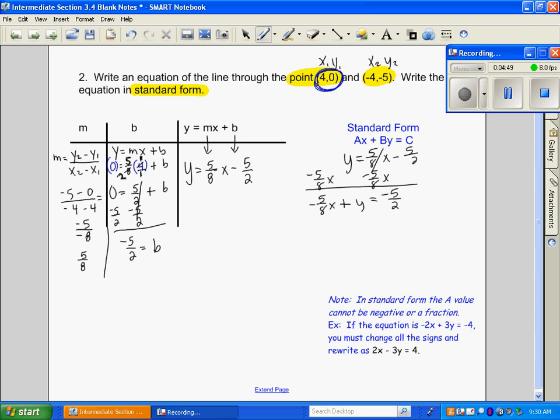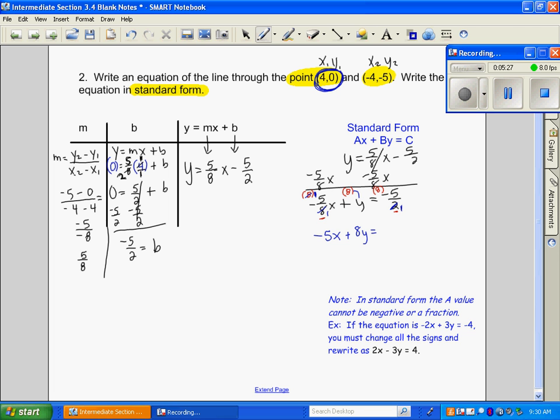Now if we stop right there, the a value, which is the coefficient in front of the x, cannot be negative or a fraction. The first thing we want to do is take care of the fraction. If I get a common denominator, it's going to be 8. So if I multiply every term in the problem by 8 so I can get rid of the fraction, I'm going to now simplify. Divide by 8, divide by 8, so I get -5x, plus 8 times y is 8y.